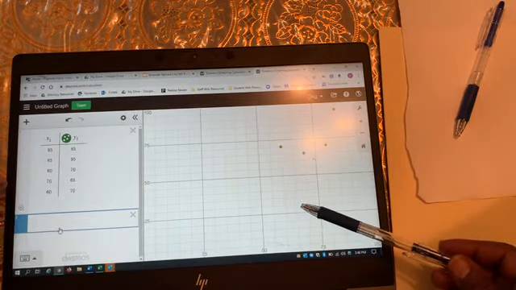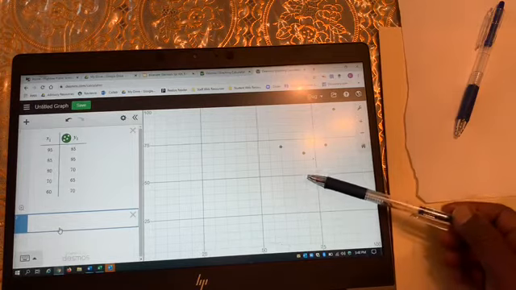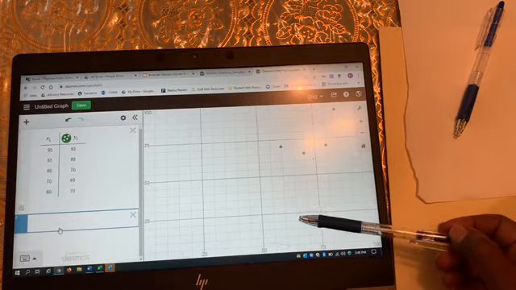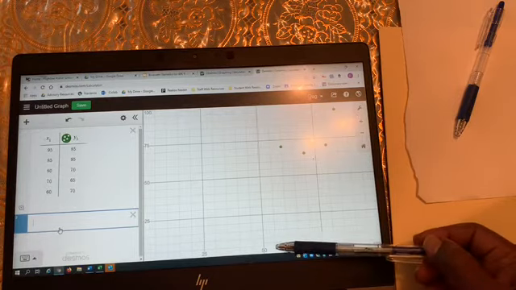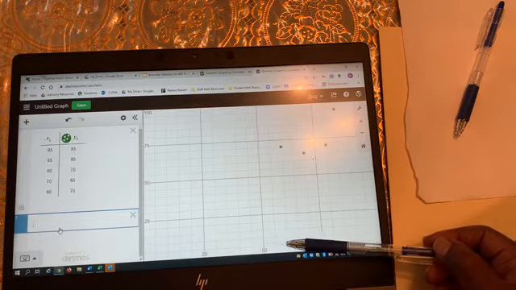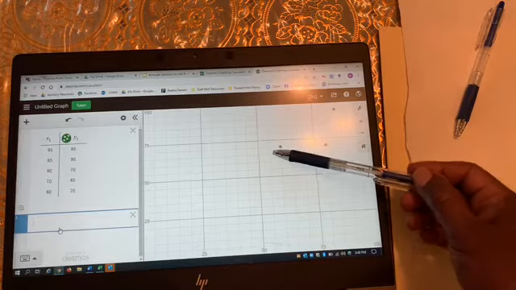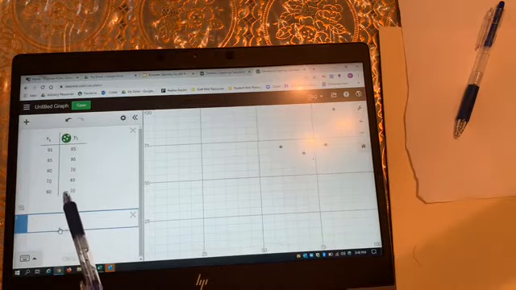For the first one, after 50, 55, 60, 65, so 60 and 70, this one is the bottom one, the lowest one.